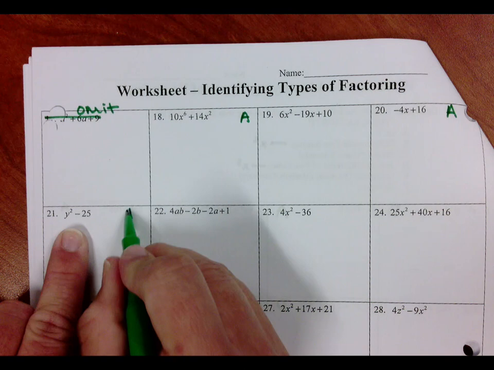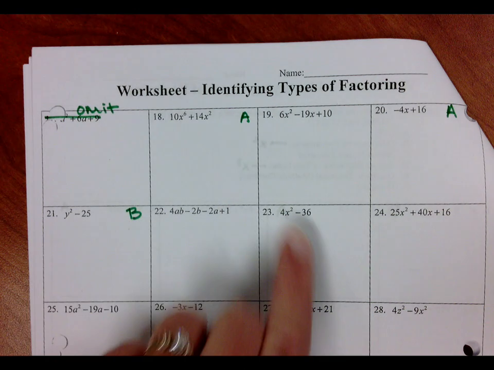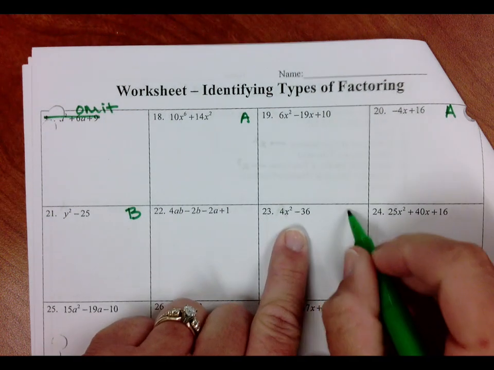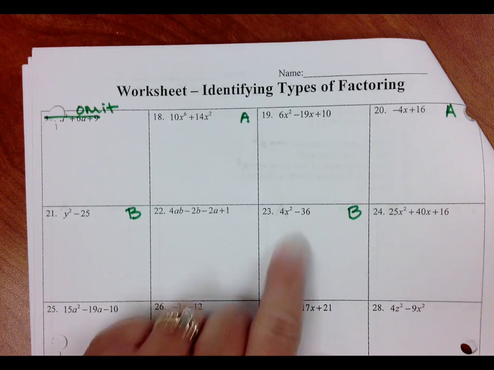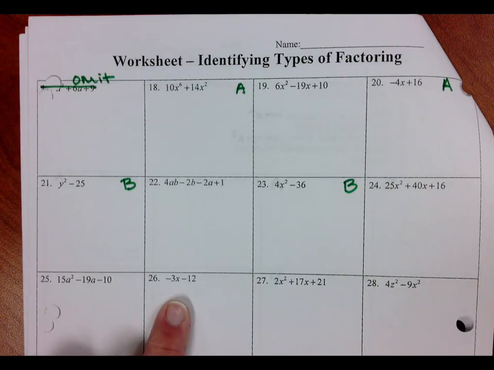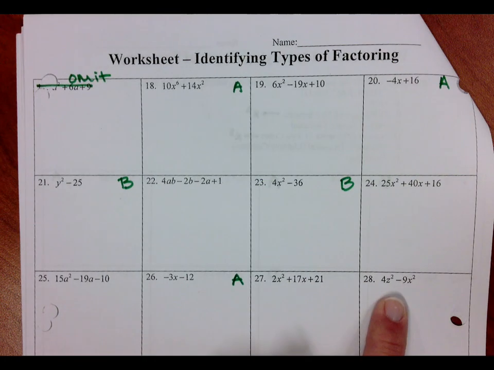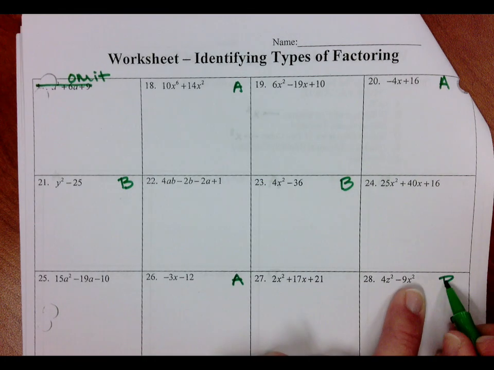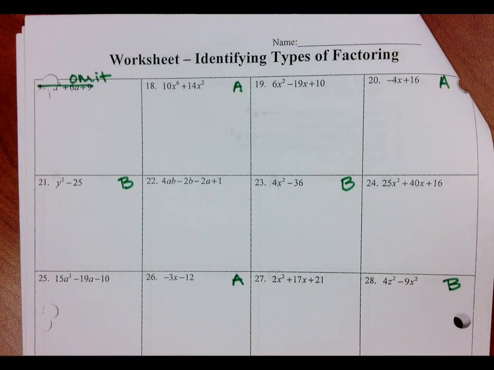Difference of squares, which is a B. 23? Subtraction and they're perfect squares. 26? GCF. 28? Difference of squares, it's subtraction and they're both perfect squares.